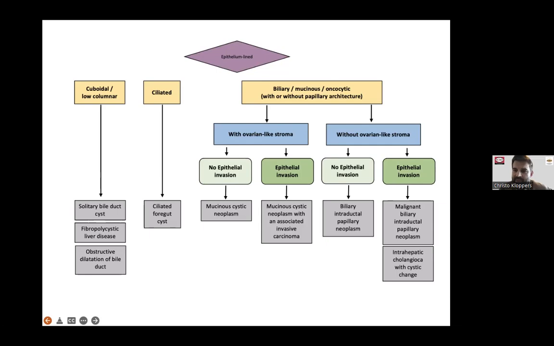And then without ovarian-like stroma, biliary IPNMs, or intrahepatic cholangiocarcinoma with cystic change if there's an epithelial invasion. Those would be the common ones.